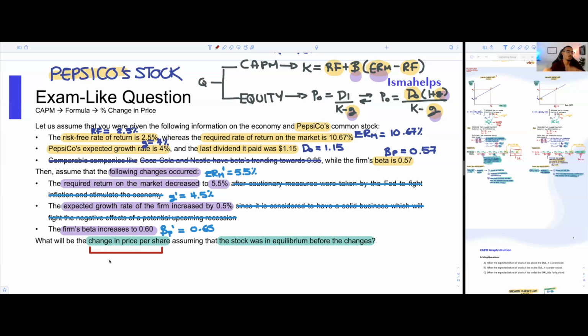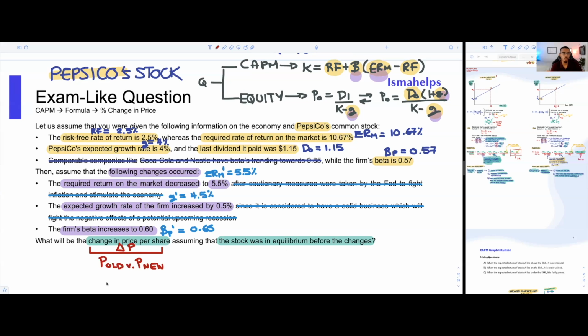You're looking at 2 occasions and you're comparing the 2, okay? Very straightforward. So in this case, we want to compare an old price versus a new price. That's what we're telling you. You want to look at the change in price, so change in price will be old price versus new price.